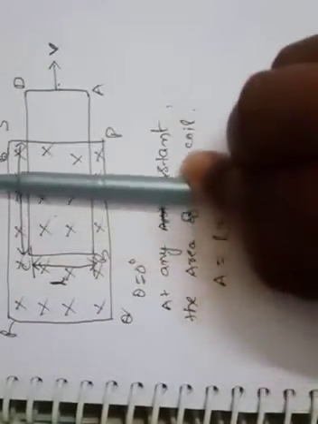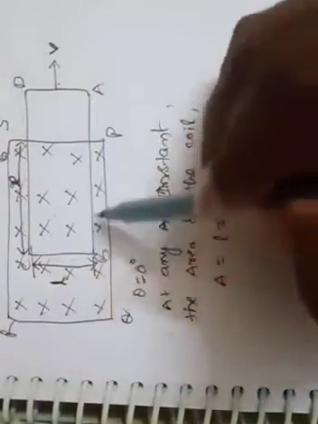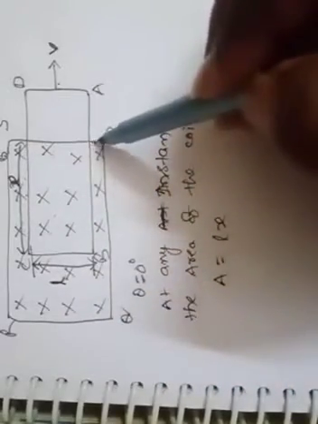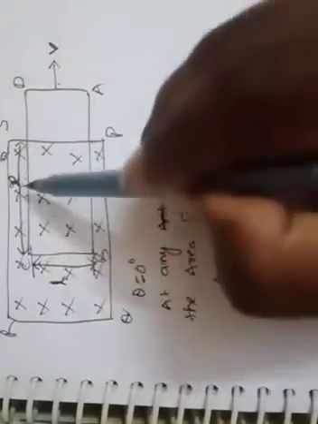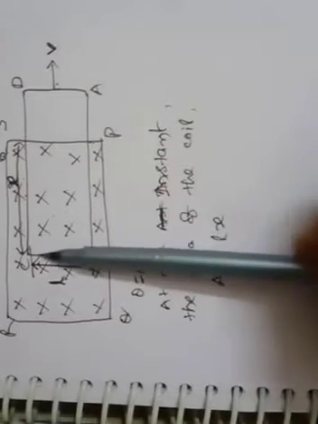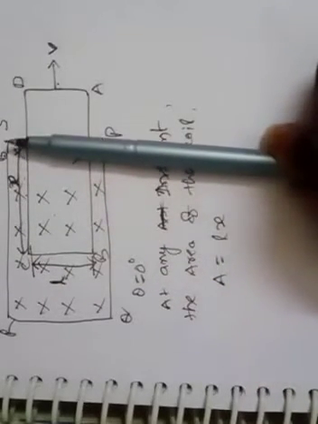If the coil is moving outside of the magnetic field, what about the area of this coil? It is decreasing, because this length X is going to decrease, and continuously this part BC of the coil is cutting the magnetic field lines.